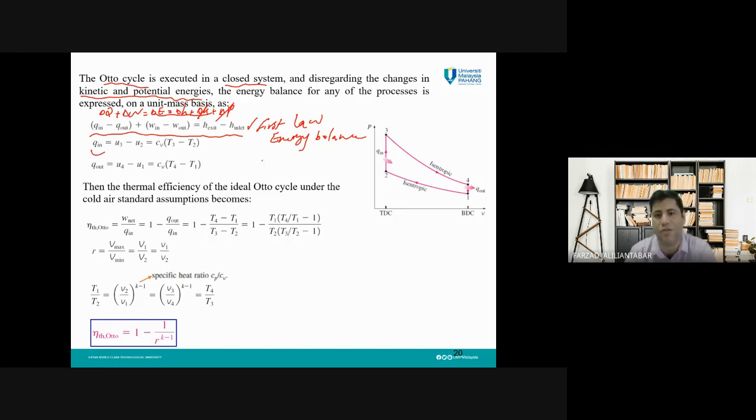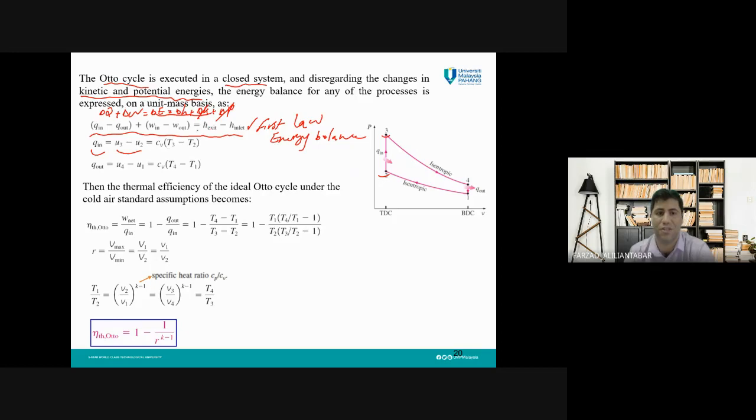And you know from thermodynamics that for Q in, which we have in this cycle as a constant volume process, Q in can be calculated by this equation, U3 minus U2. In other words, the internal energy change just happens during this process. The change in the energy of the system may come from the change in internal energy or other types of energy.